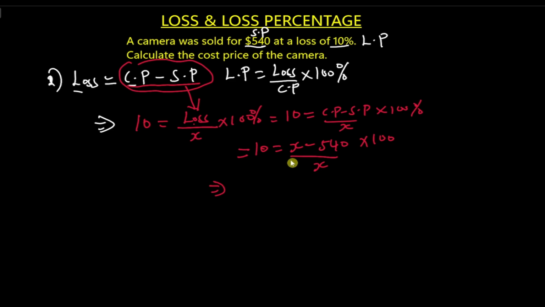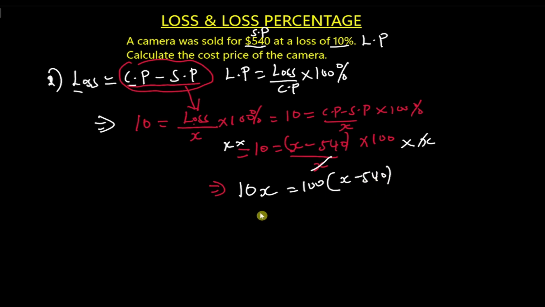Now this one is a cross multiplication, so you have 10x, which is equal to, we multiply both sides by x, and then also this side by x. This x cancels this x, and then you have 10x is equal to 100 into bracket x minus 540.